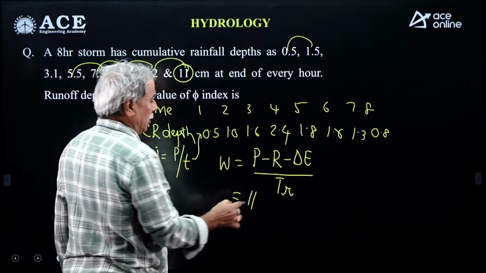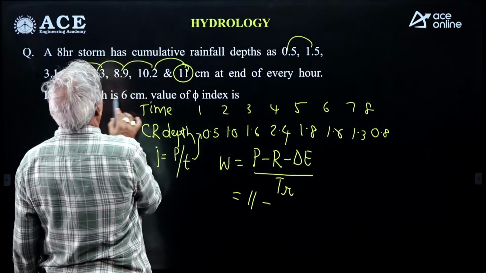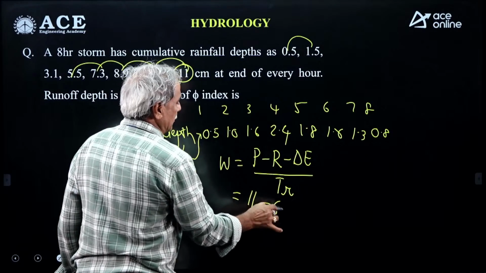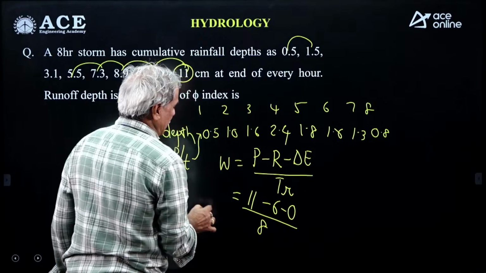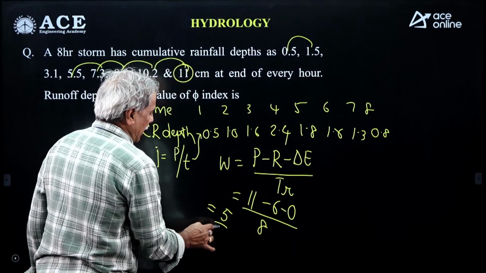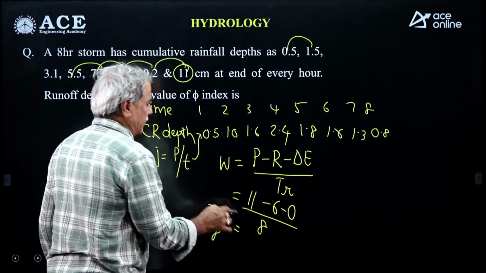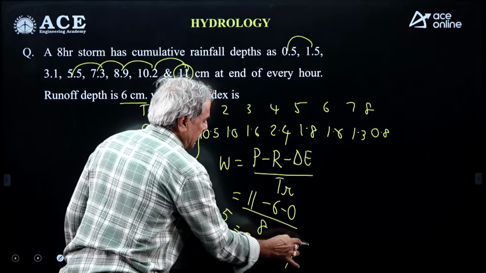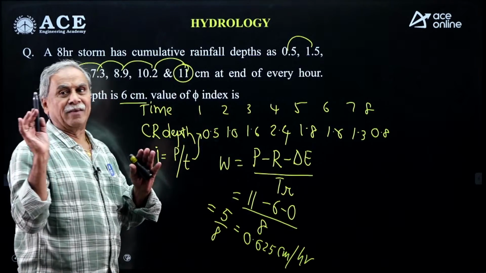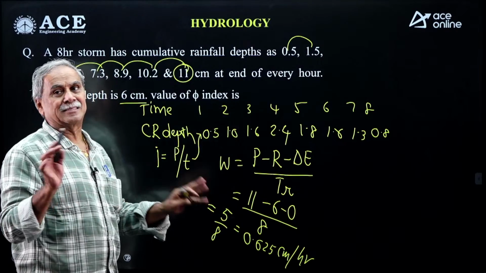Minus runoff is given, 6 centimeters. Initial losses are not given, taken as 0. Divided by 8 hours: 5 divided by 8. 1 by 8 is 0.125 into 5, 0.625 centimeter per hour.